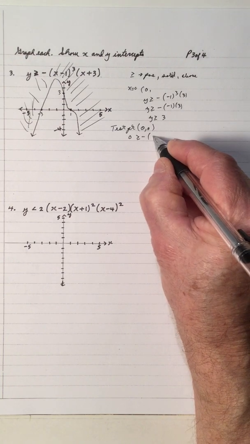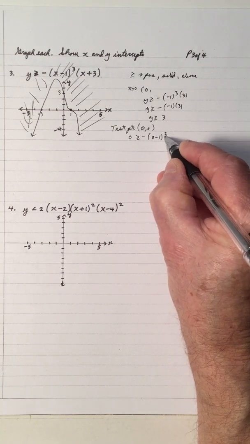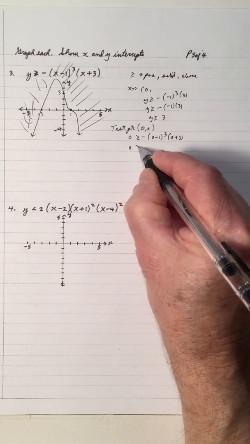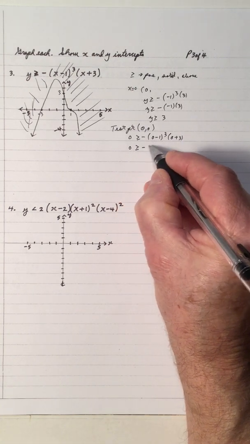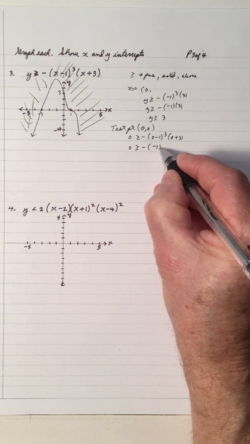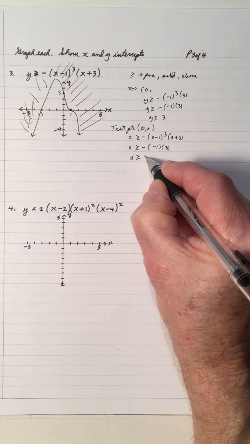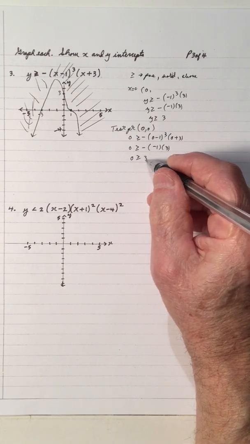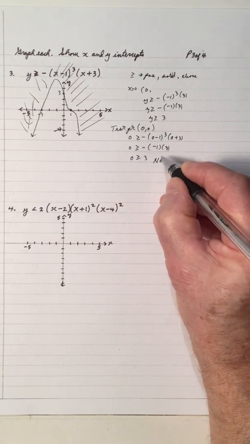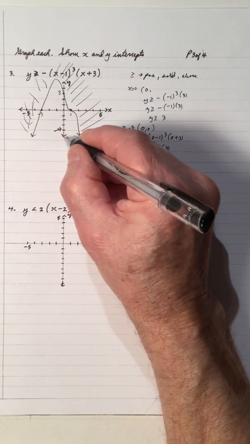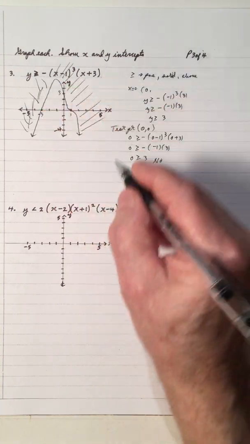So I'm going to get 0 minus 1 cubed, 0 plus 3. 0 is greater than or equal to, that's negative 1. That's a 3. 0 is greater than or equal to 3? No. So this test point is not true. So I don't shade on this side of the fence. I got to shade on this side.